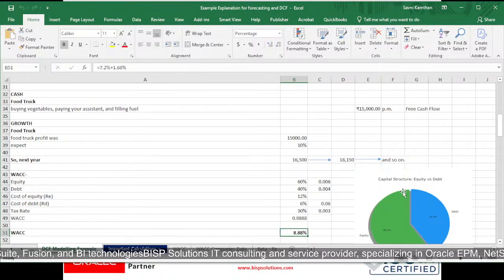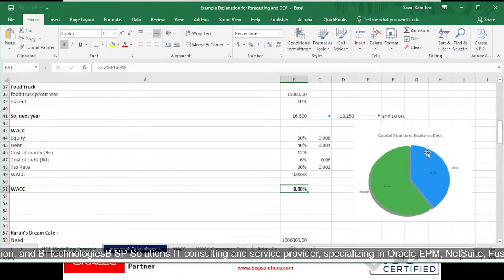This was the capital structure, showing equity versus debt, where 40% is debt and 60% is equity. So the company must earn at least 8.88% on this investment to satisfy both its lenders and shareholders.